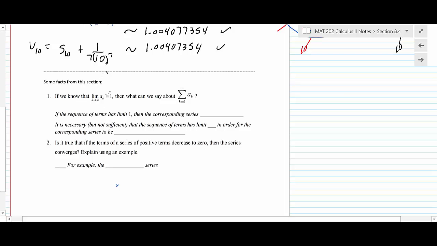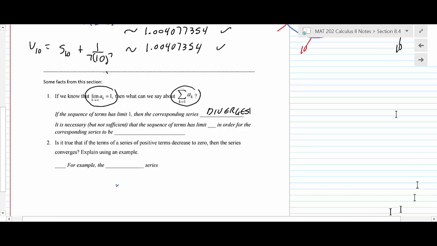This says, if we know that the limit of a sequence is 1, then what can you say about the sum of the series? Well, one thing that we learned is, if the sequence of terms has a limit of 1, then that means the series diverges. And that's what the divergence test was saying.